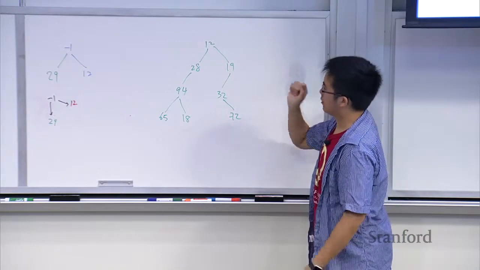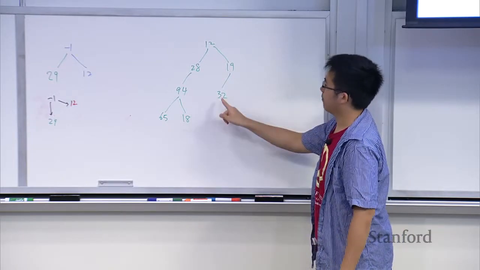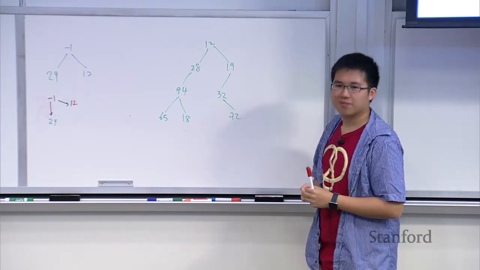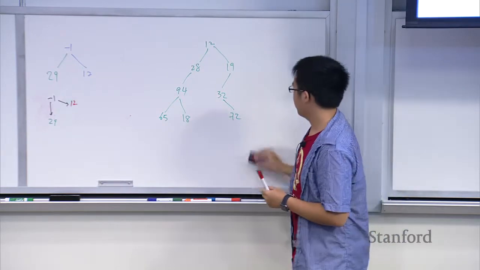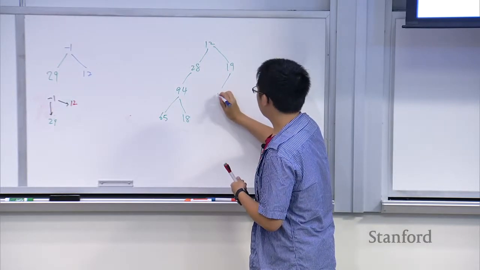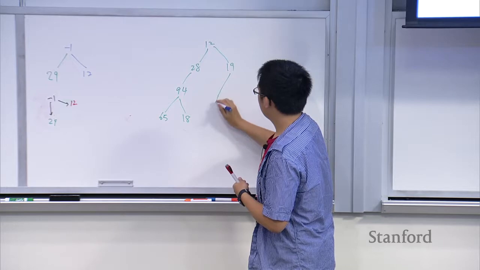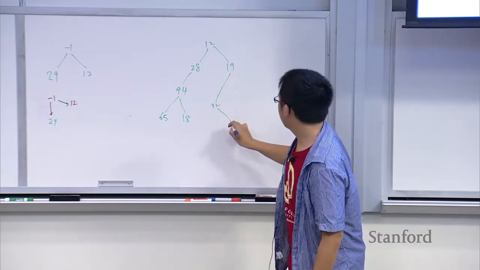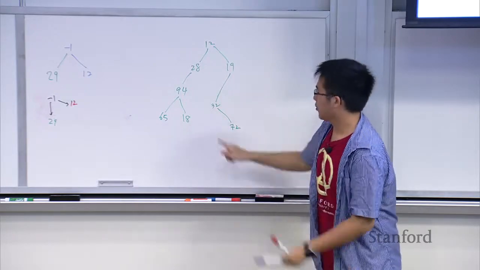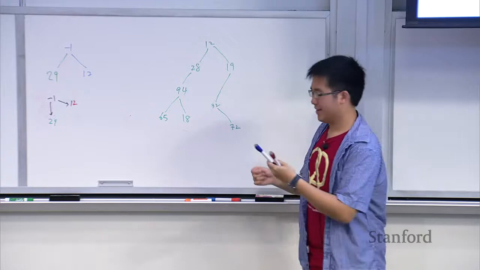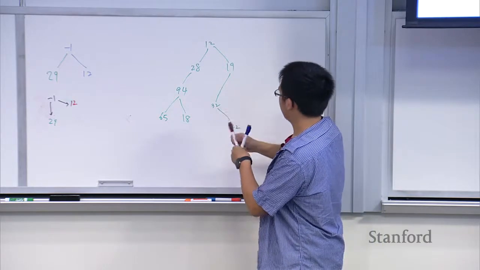What would happen if we tried to do that with 32? Let me just draw it larger. 32 and 72. Okay. What do we have to do with the 32? First create node -2. Okay, so we create a node -2.